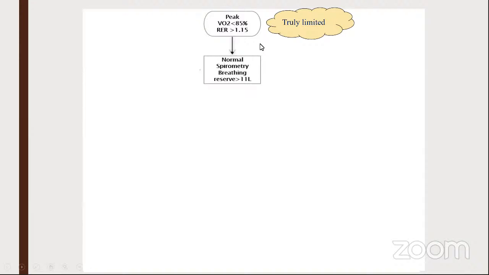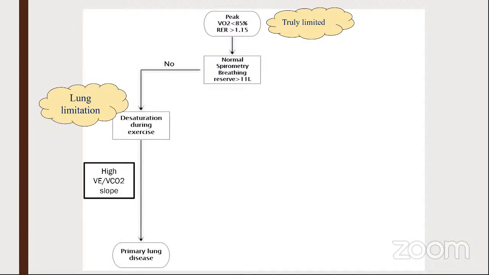And then you look if the peak VO2 is less than 85%. The next thing is to look at the spirometry and the breathing reserve. If these are abnormal, then it means there is lung limitation. Usually these patients desaturate during exercise, and it implies they have primary lung disease. Usually they have a high VE/VCO2 slope.